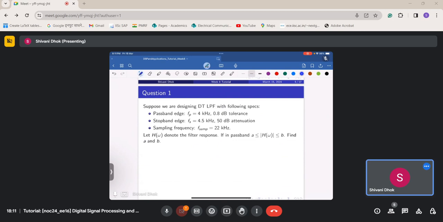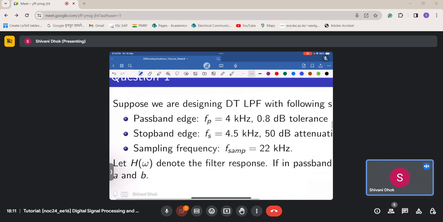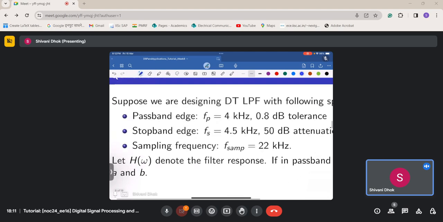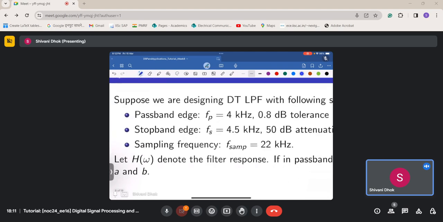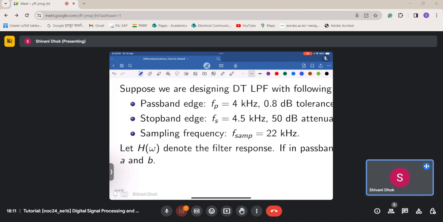So here the first question is, suppose we are designing a discrete time low pass filter with the following specifications. The passband edge Fp is 4 kilohertz and 0.8 dB tolerance is there. Then the stop band edge is Fs equal to 4.5 kilohertz and we have 50 dB attenuation, and we have sampling frequency Fsam as 22 kilohertz.